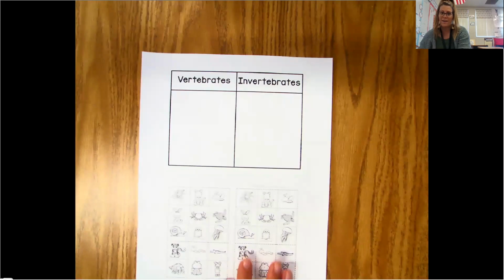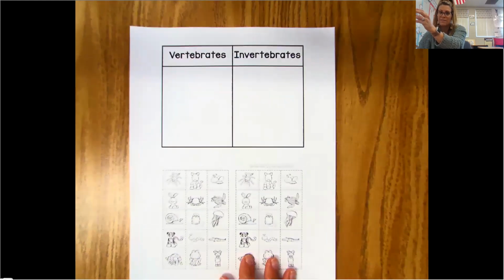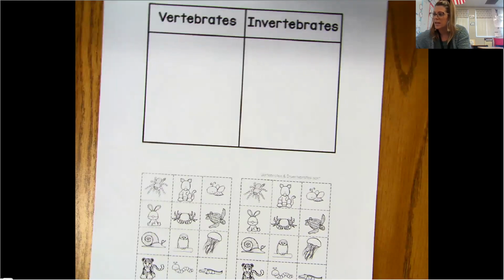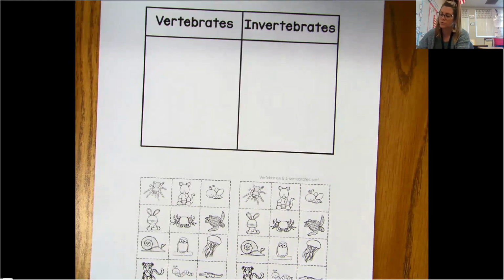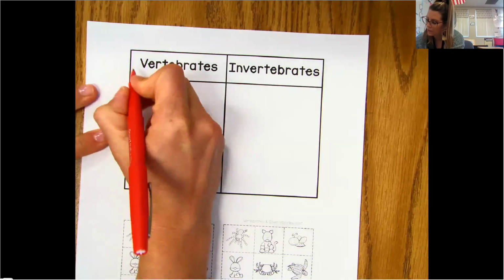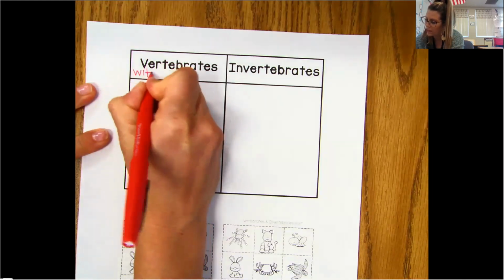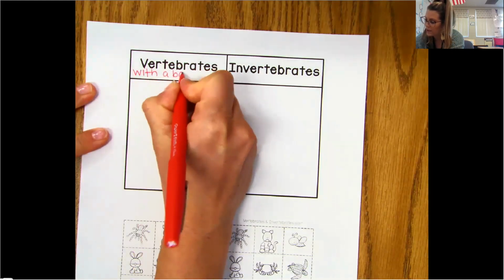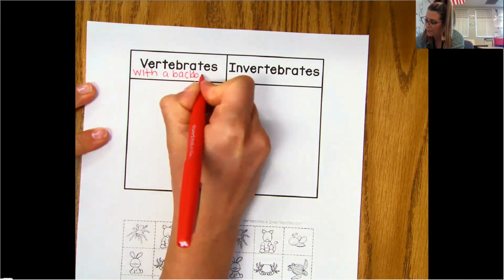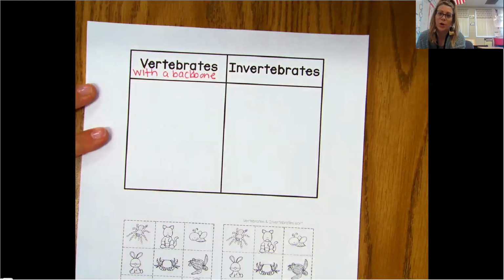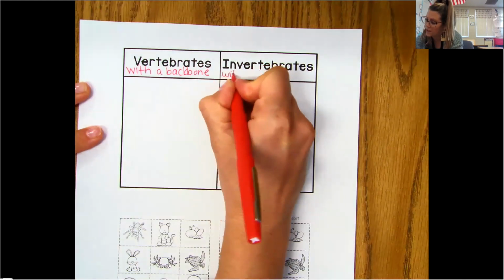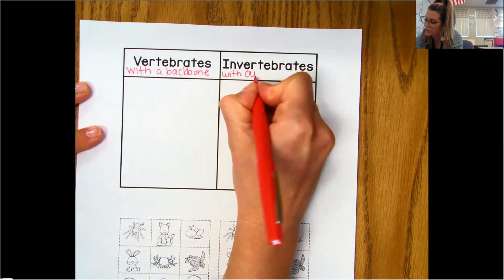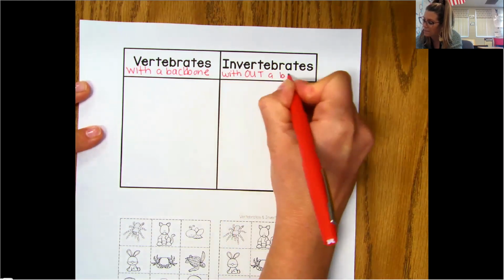So you have the vertebrates and invertebrates sort. Now, let's just review. We know vertebrates are animals with what? With a backbone. And we know invertebrates are animals without a backbone.